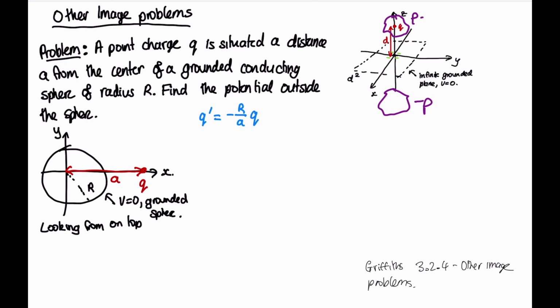And because this is a sphere, so we've got different geometry, we're actually going to place that at a point B is equal to R squared on A. So what we're doing is we're placing our charge q dash here. This is our distance B here. And as you'll see, this ends up giving the same voltage. So let's prove that now.